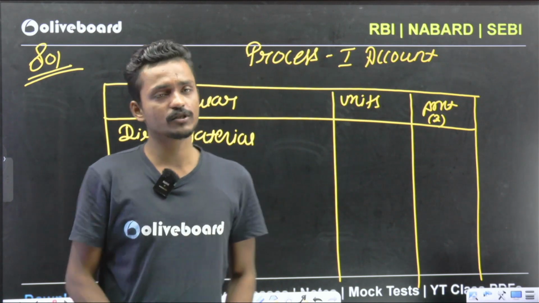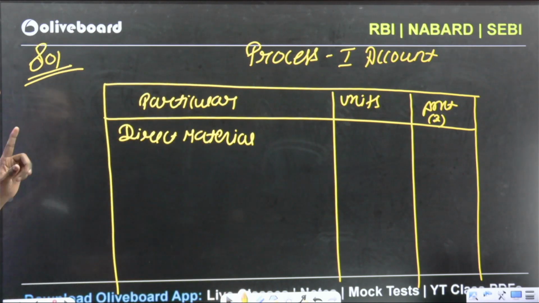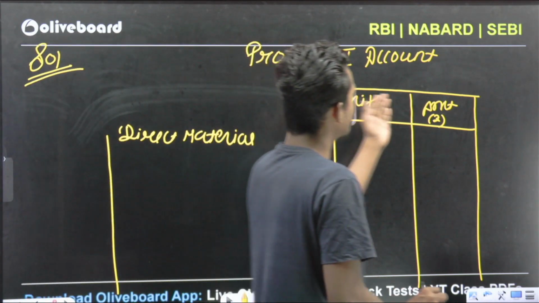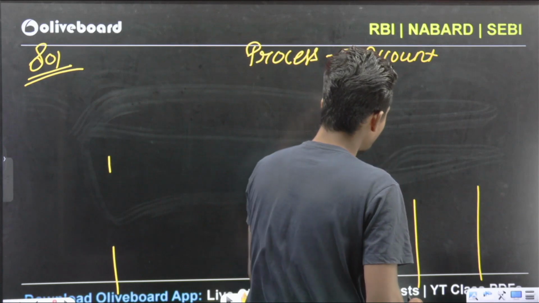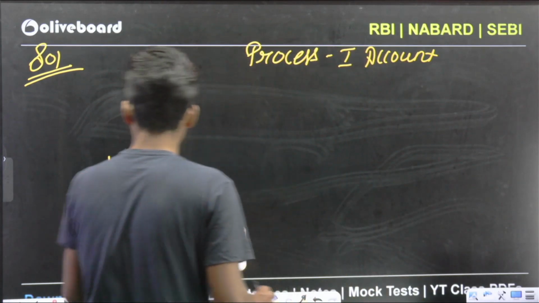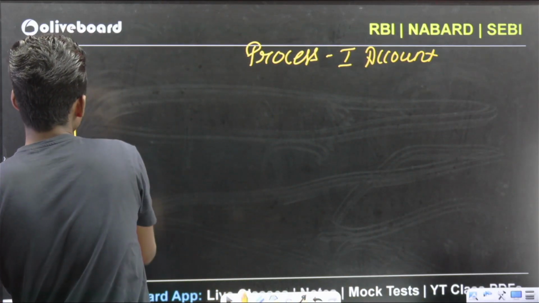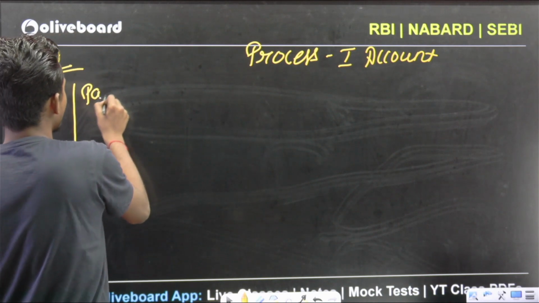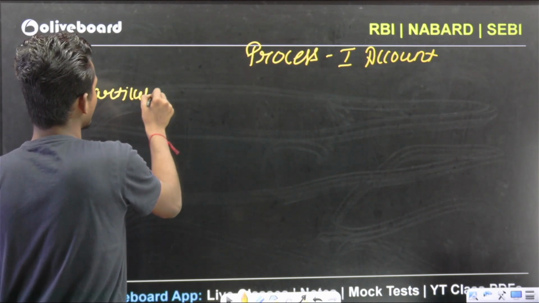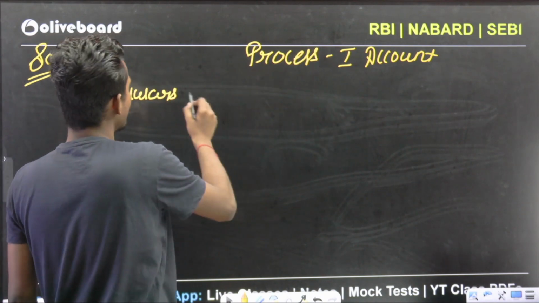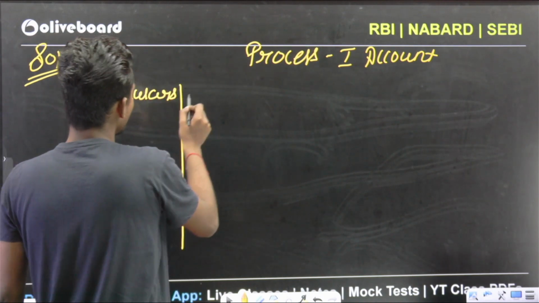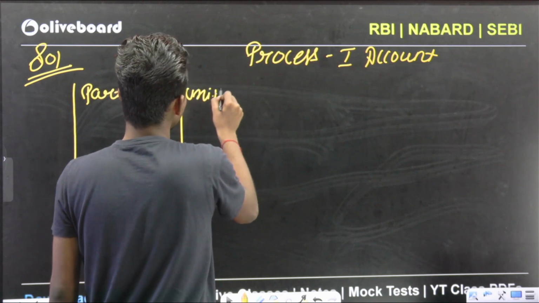So I will suggest you prepare only 1 account, only 1 time. For that purpose I am simplifying your process cost. So how will you simplify process cost? Here I will incorporate all the debit side columns and all the credit side columns into one process account. So here I have the detail of particulars. Here I can write the units column.